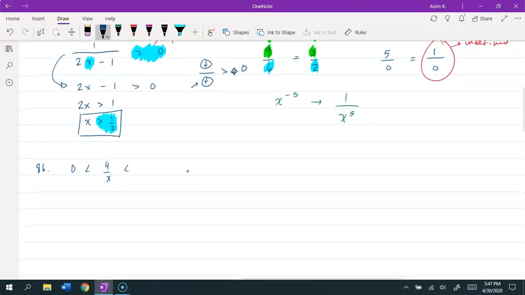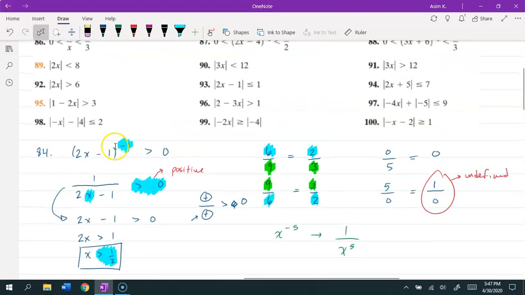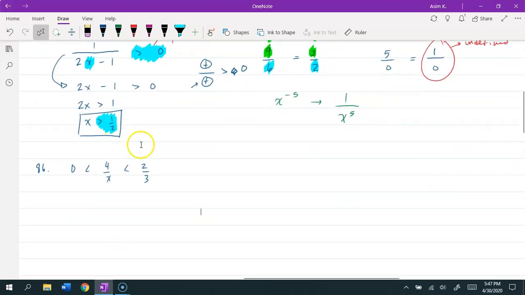And remember in that previous lesson I said that's a really unwise way to say something, right? 0 is less than something is less than 2/3. It just doesn't fit. What we're really saying is 4 over x is between 0 and 2/3.